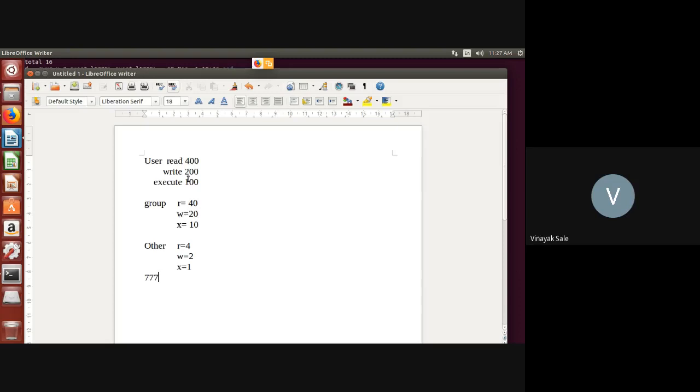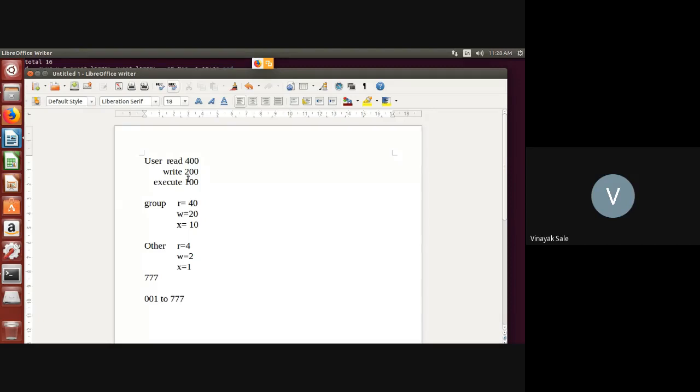If someone has given the permission values of files from 001 to 777, then they are valid permissions of the different users in case of read, write and execute.